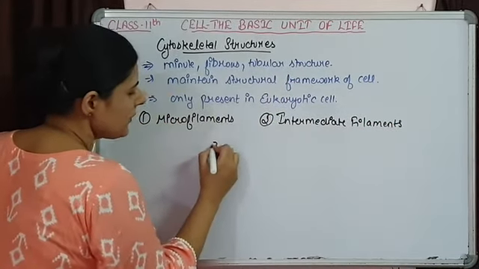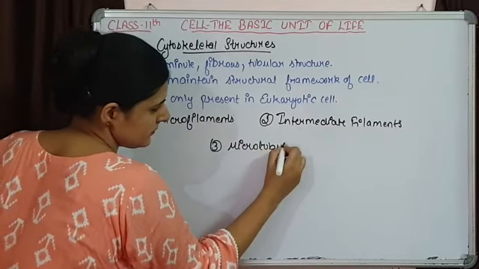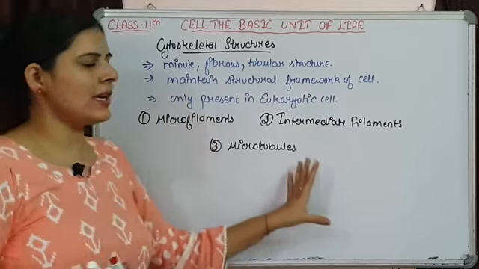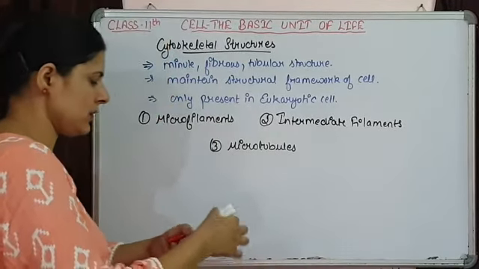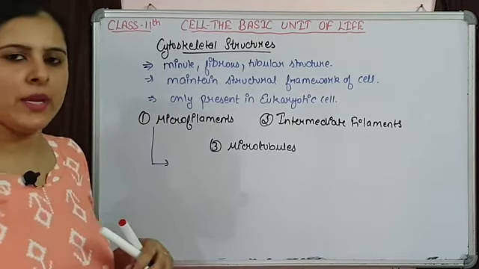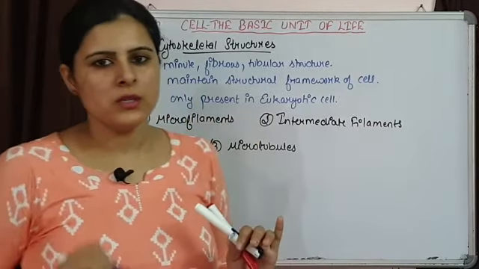And the third are microtubules. So these are the 3 types of cytoskeletal structures that are present in the organism, eukaryotic cells. So firstly let's talk about the microfilaments. पहले microfilaments के बारे में बात करते हैं, then we are going to talk about these two sequentially.